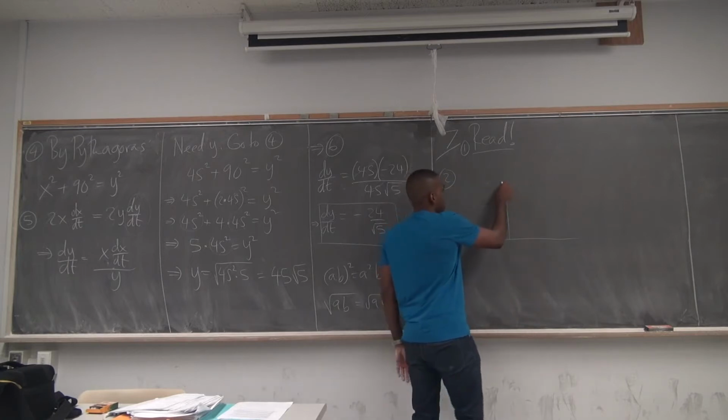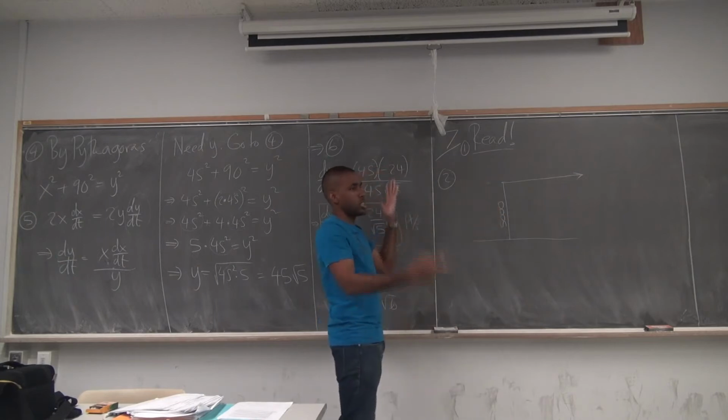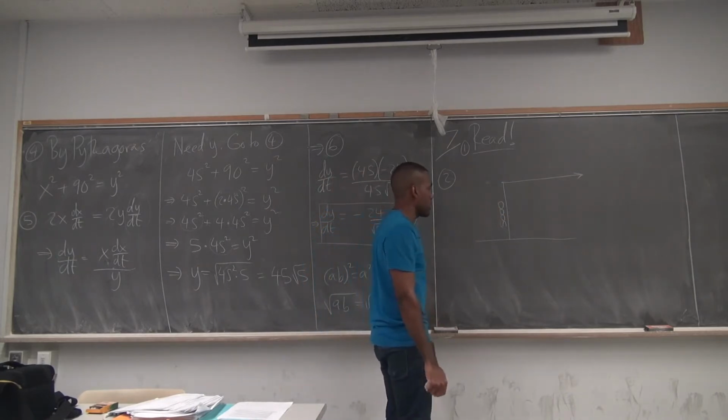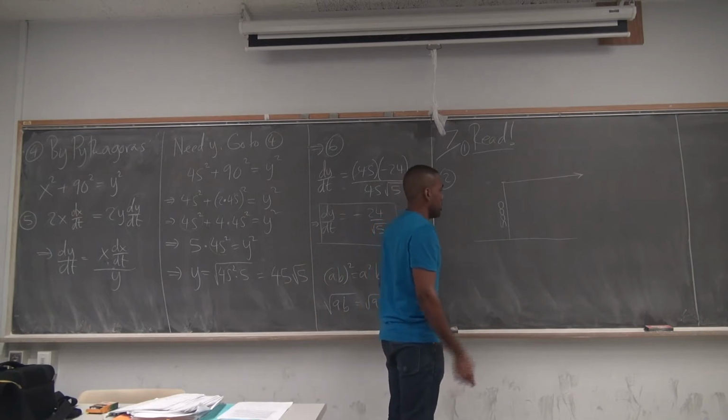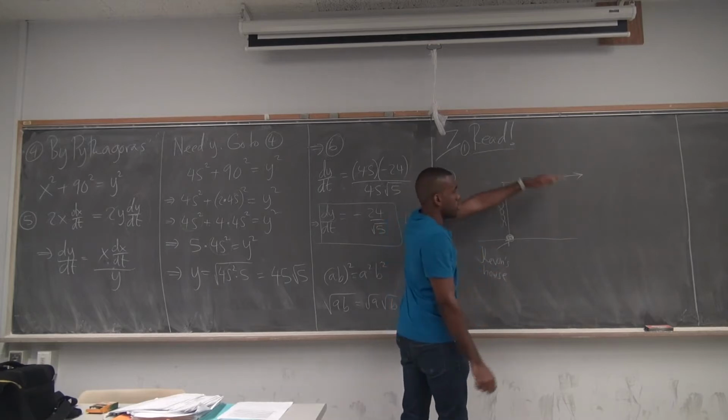Let's say he's flying in that direction. I could have drawn it in the other direction, it doesn't matter. Just make sure your labels are consistent with the values that you're plugging in. And let's just say, for the sake of argument, Jhevon's house is right here. So he flies over.